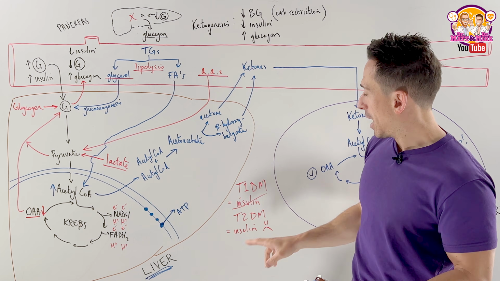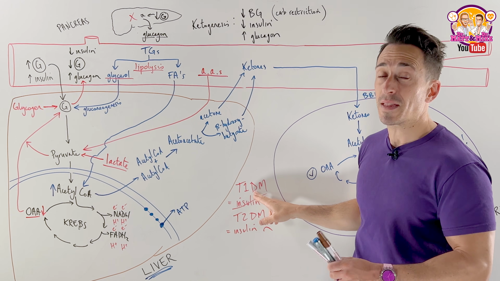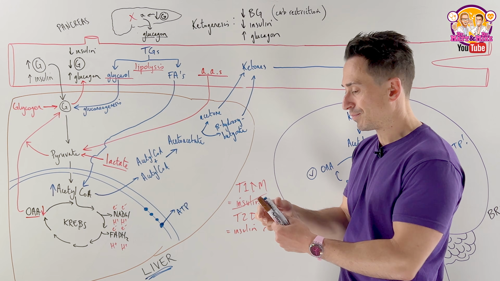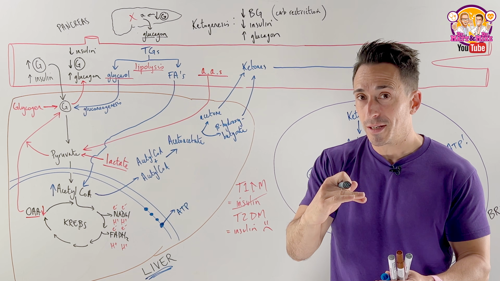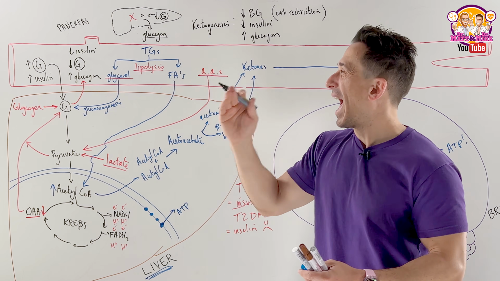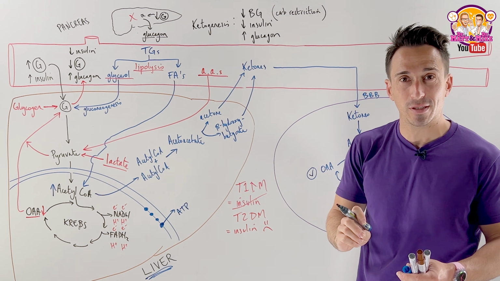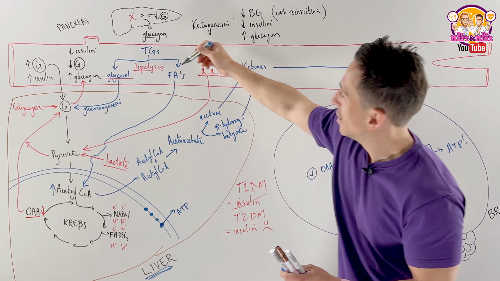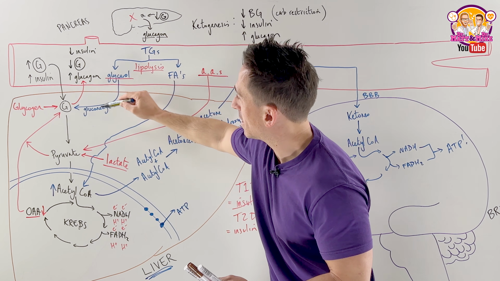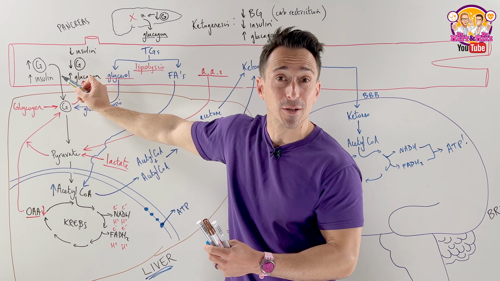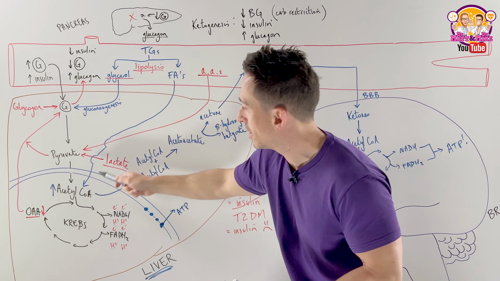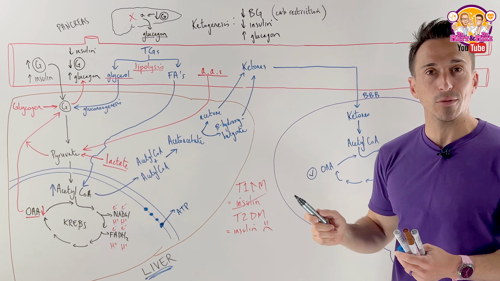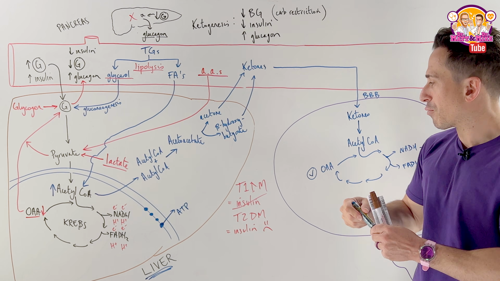So in people with type 1 diabetes, and they don't know they've got type 1 diabetes, they will have low insulin, high glucagon, and high blood glucose. And in the process, gluconeogenesis is happening to further increase the blood glucose, and the fatty acids through lipolysis are producing ketones. Now, what might be the problem here?